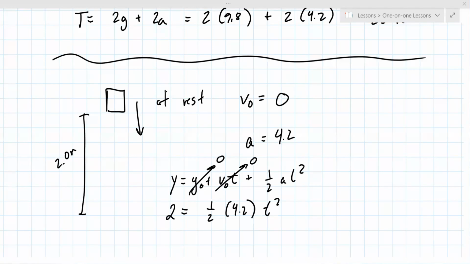So t equals 0.998 seconds. That's what I end up getting. Is that the answer for this one? Just time? Just time. That's all it's asking for. Perfect. All right, so I have that.